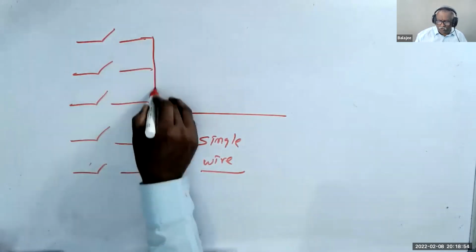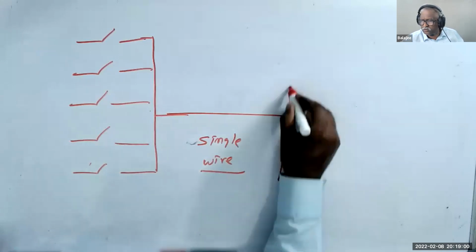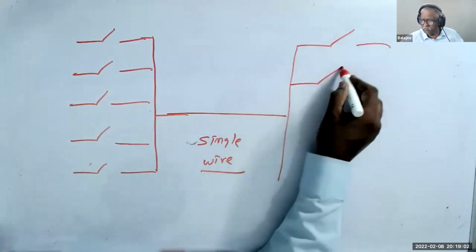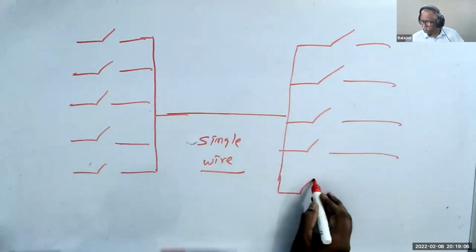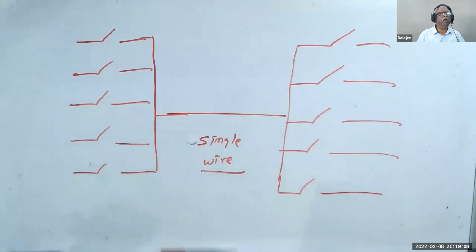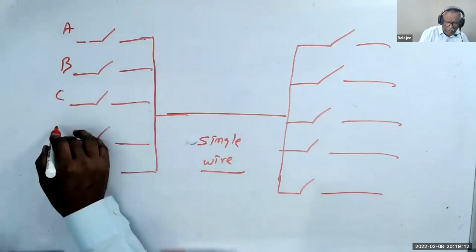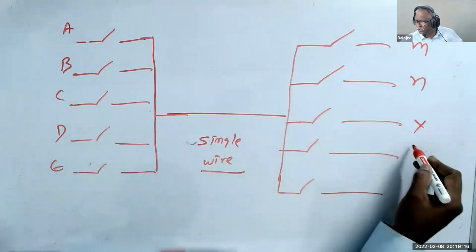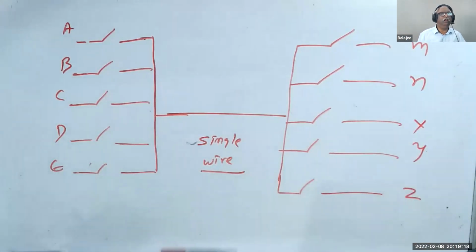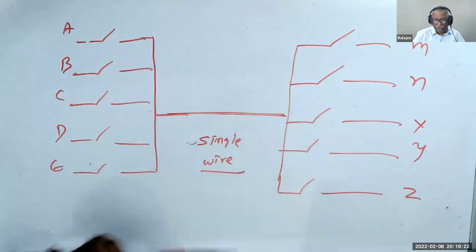I have multiple outputs. Now, let's say these are A, B, C, D, E, M, N, X, Y, Z. There's only one wire, a single wire.